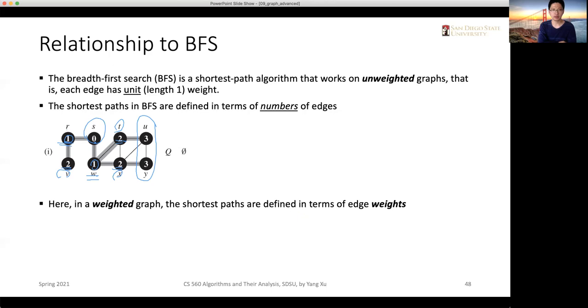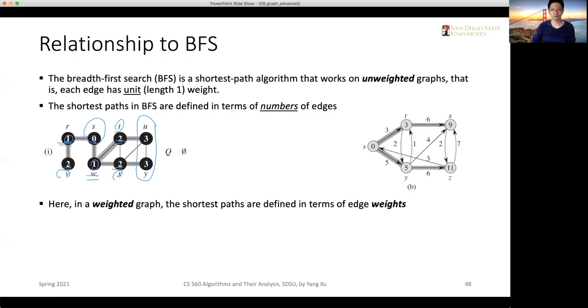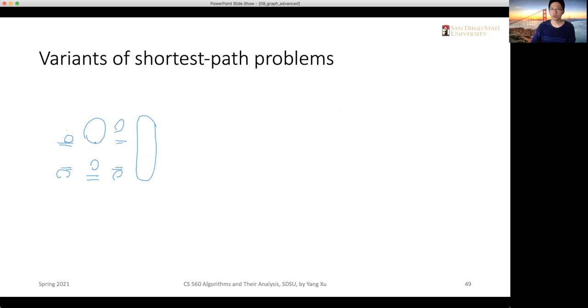But in the chapter that we are in now, when we talk about the shortest path problem, we are not talking about the number of edges, but rather the total weight of edges. So we are really talking about weighted graphs. So these two are quite different. Kind of similar, but still quite different.